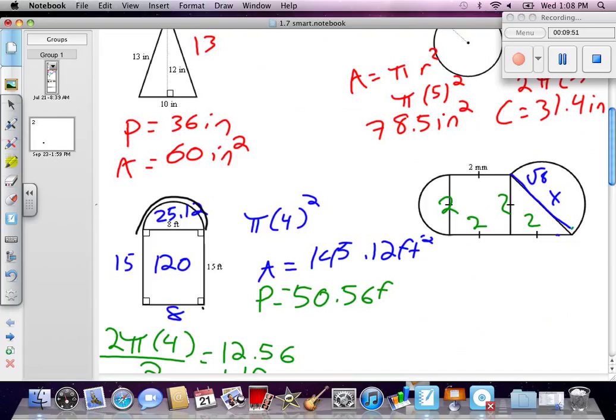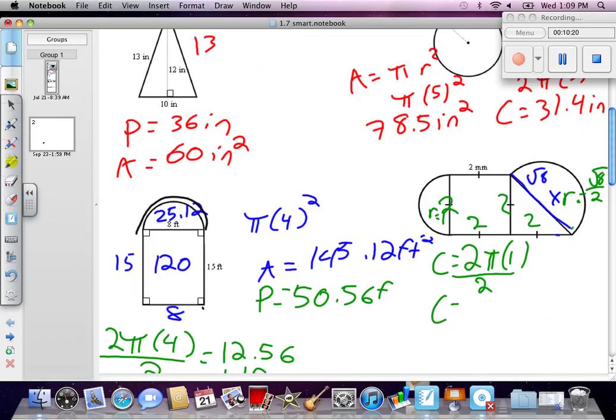Now I'm going to find the perimeter. Okay? So the first thing I'm going to do is find the circumference of those circles. So I say that the radius here is 1. Radius here is the square root of 8 over 2, because we just divide it in half and that gives me the radius. So for the circumference for the little circle, I'm going to say it's 2 pi 1 over 2.